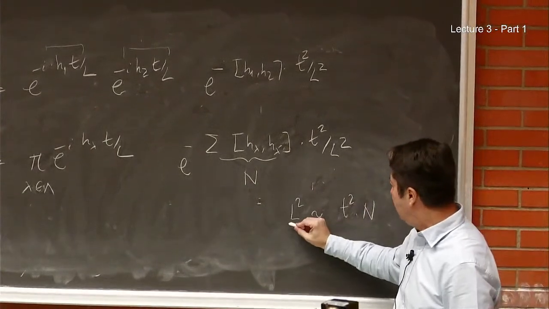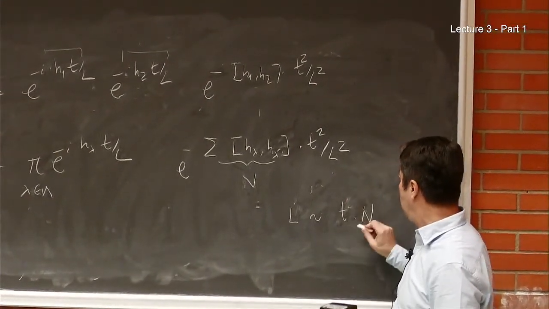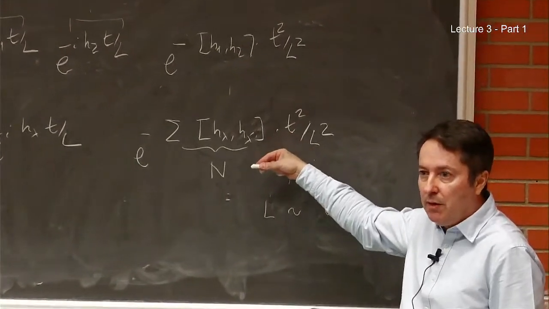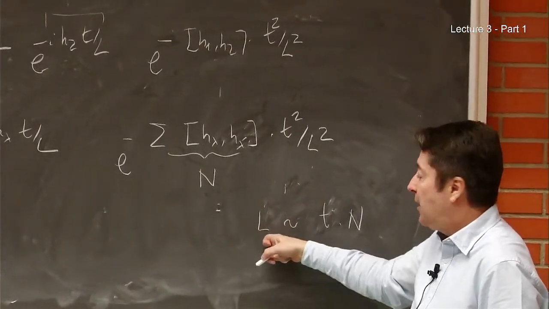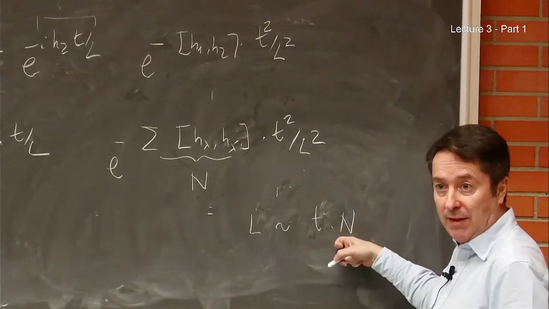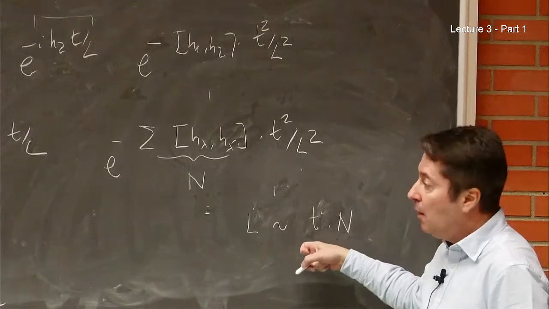And so you see that L has to go something like t times n. And so from here, you do it rigorously, and you see that at the end, this L scales polynomially with n and polynomially with t.